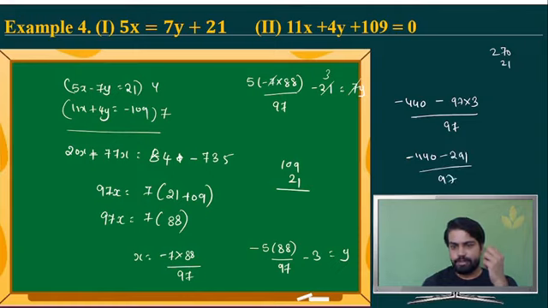So I can add them again: minus 731 by 97, which is the y value, whereas the x value will be minus 7 into 88, which is 616, by 97. Same denominator, so we compare the numerator only. I can see minus 731 is less than minus 616, so x is greater than y. So that is option 1 for us. Let's see the next question.